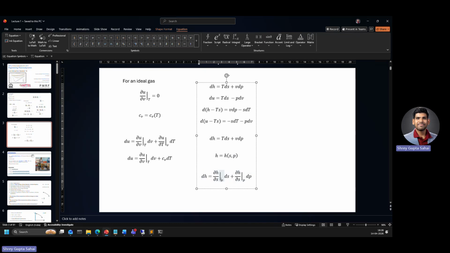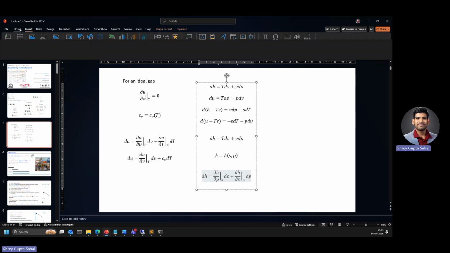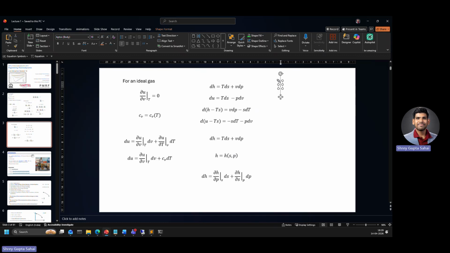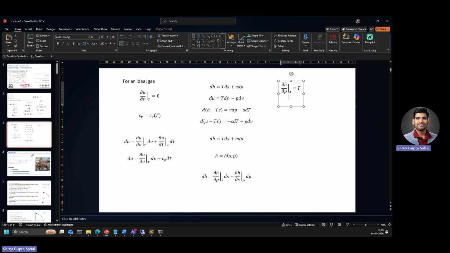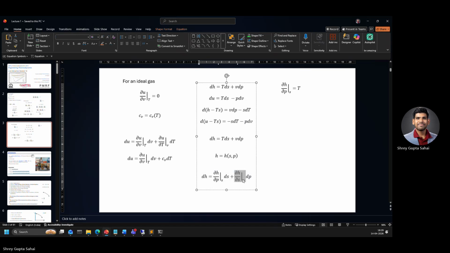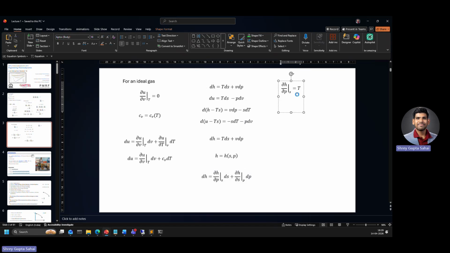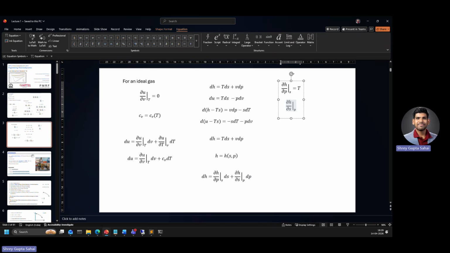This becomes dS, this becomes S, and it becomes P. Okay. Now, one thing to just quickly write here is that this is T and this is V, right? By just comparing these two equations.